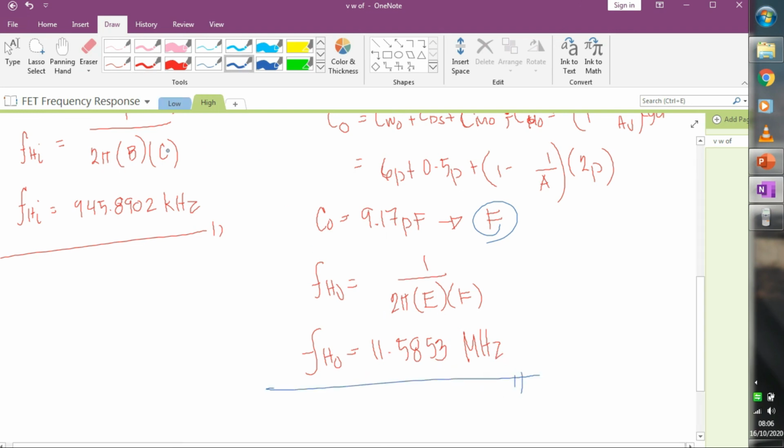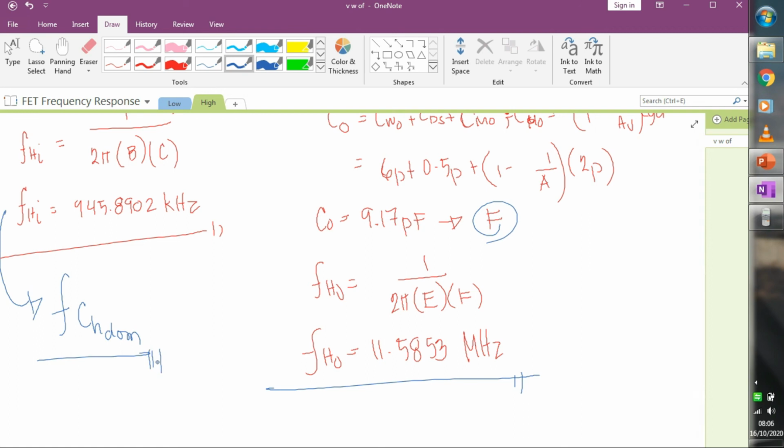Okay. And if we're going to compare the values for FHI and FHO, it is very clear na mas mababa si FHI. So, we will consider it as the dominant high cutoff frequency. Okay? So, siya yung predominant value doon sa ating bode plot.